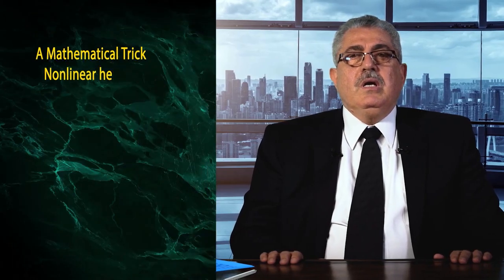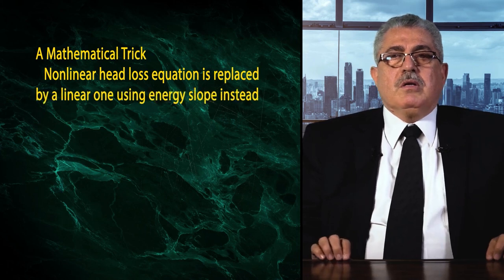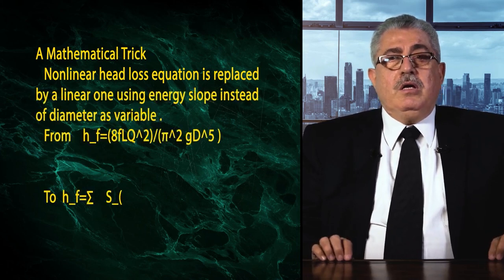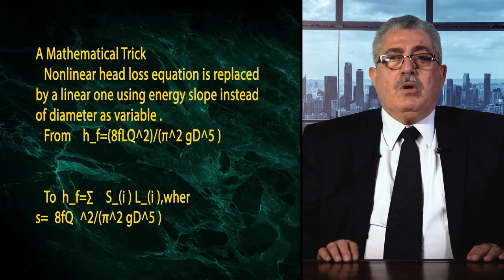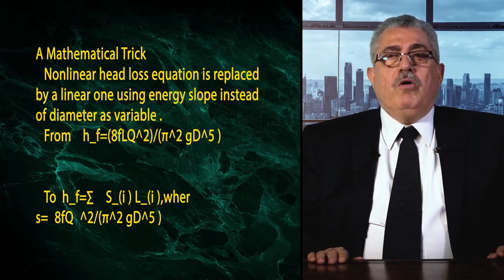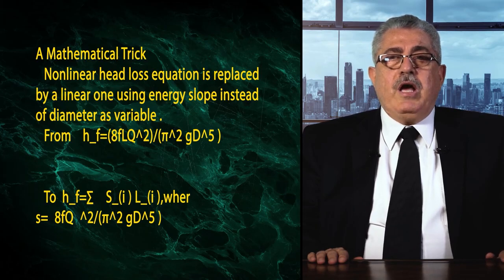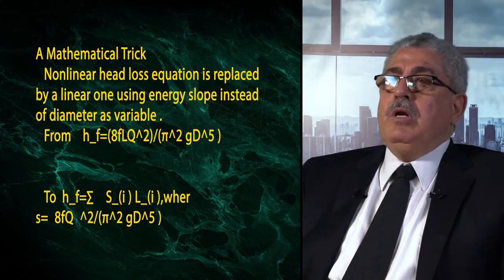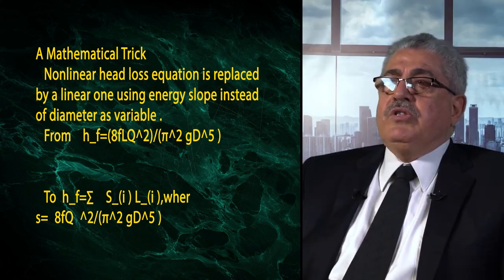The linear model. We use here a hydraulic and mathematical trick to convert the highly nonlinear problem into a linear one by dividing each pipe into 3 sections of different lengths, each have a diameter that satisfies the velocity and terminal node heads constraints.